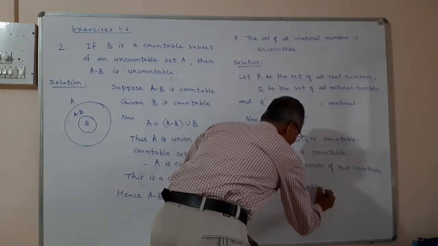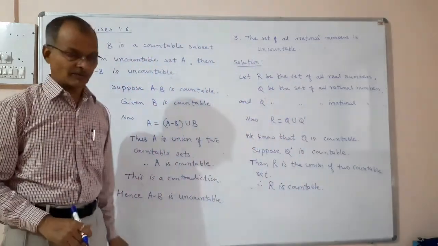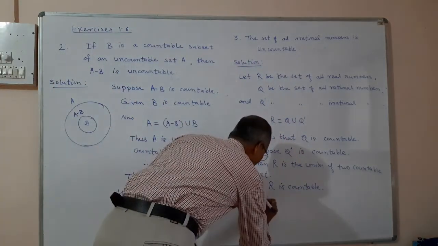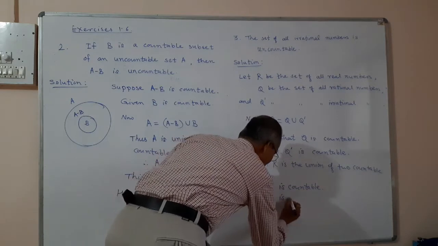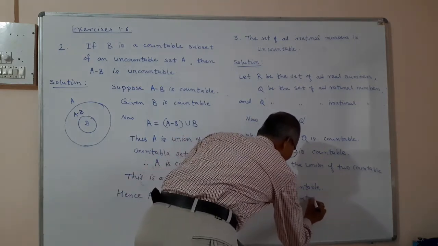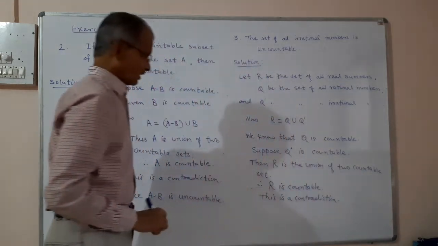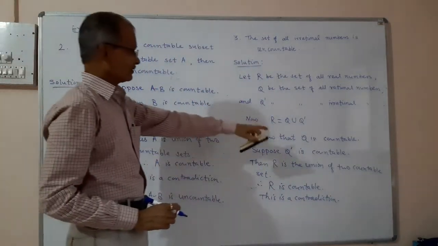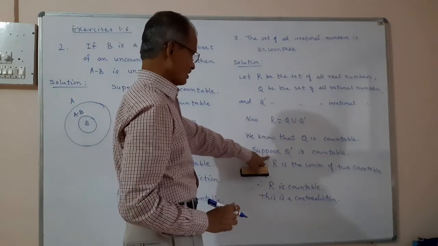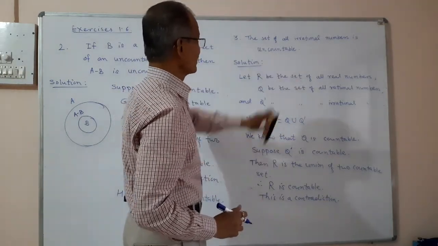But this is a contradiction. R is uncountable. And hence this assumption is wrong. Q dash must be uncountable.